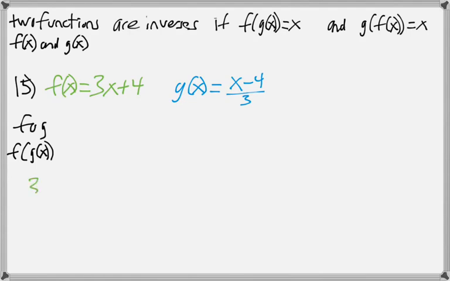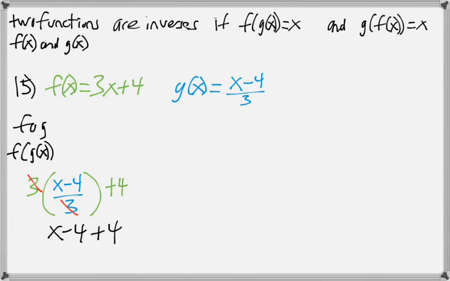So this would be 3, I'm going to leave an open parenthesis, plus 4, and I'm going to plug in the other function, and we'll notice that if we simplify this, the 3's are actually going to go away, and we have x minus 4 plus 4, and then the 4's are going to go away, and we get x. So f∘g is equal to x, and that's what they're talking about here.